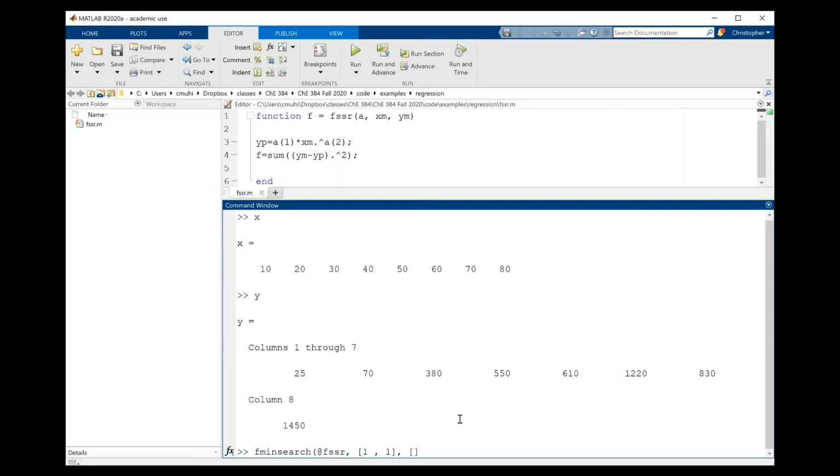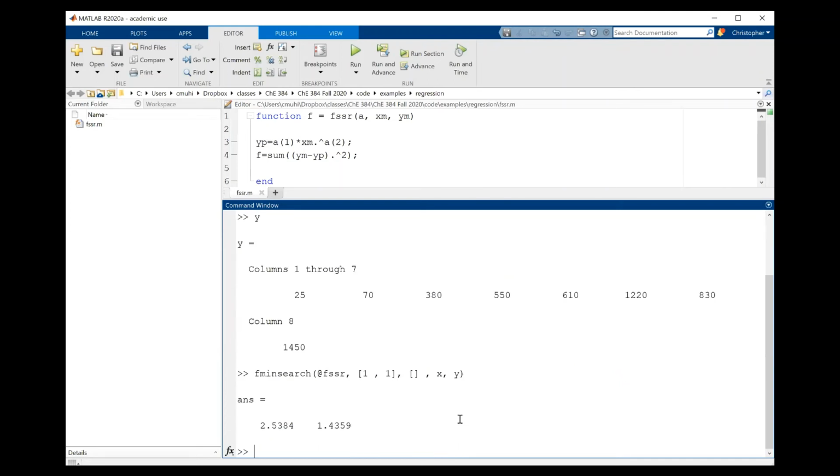Now we need to pass fminsearch our x's and our y's, and we're ready to go. So we hit enter, and in this case, the function is relatively simple, so it comes back quite quickly, telling us that the first constant is 2.5, and the second constant is 1.4.